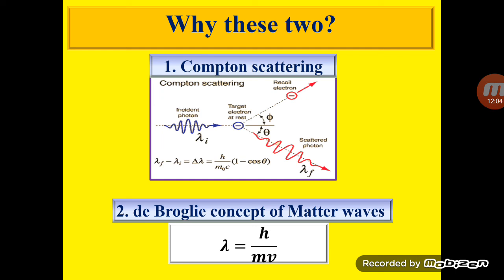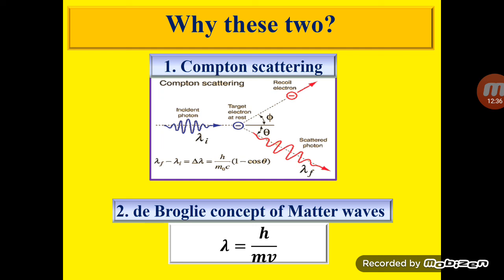Because Compton scattering signifies the particle nature exhibited by light, which is basically a wave. We know that light exhibits phenomena like reflection, refraction, interference, diffraction and polarization. In such cases, we treat light as a wave. Whereas in this case, it exhibits the particle nature. Hence, it signifies the particle nature exhibited by light.